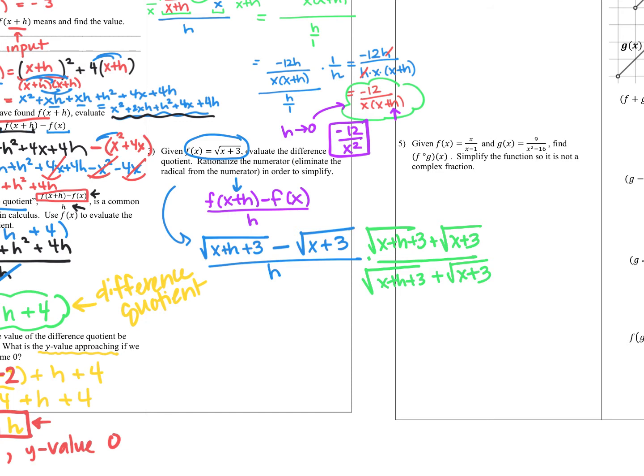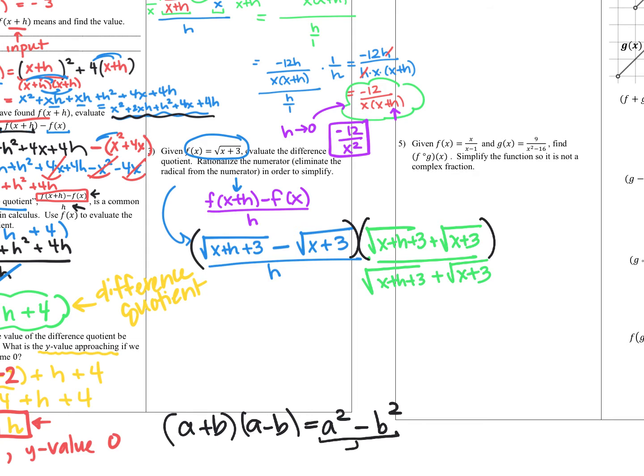So the really cool thing that happens, and it doesn't look cool yet, it's kind of hard to see, is that if you multiply the numerator, because they're conjugates, right, a plus b, a minus b, this is really just taking the first thing squared minus the second thing squared. And this also might look familiar if we think going the other way, that's the difference of two squares.